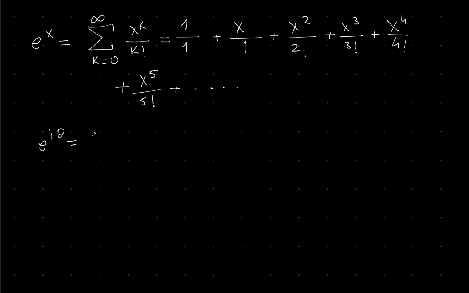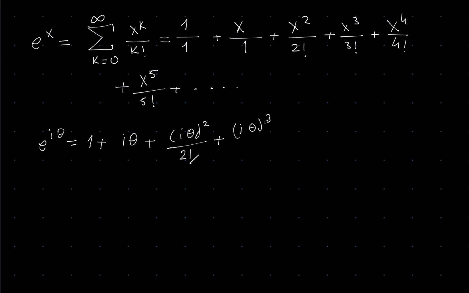So 1 is 1, but the x will be I times theta over 1, and I times theta to the second power over 2 factorial, and for this term we have an exponent of 3.